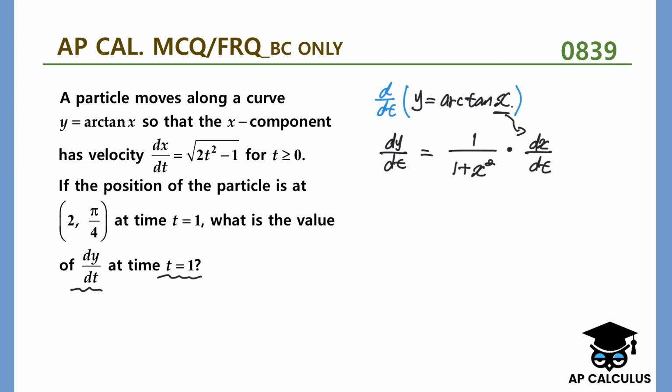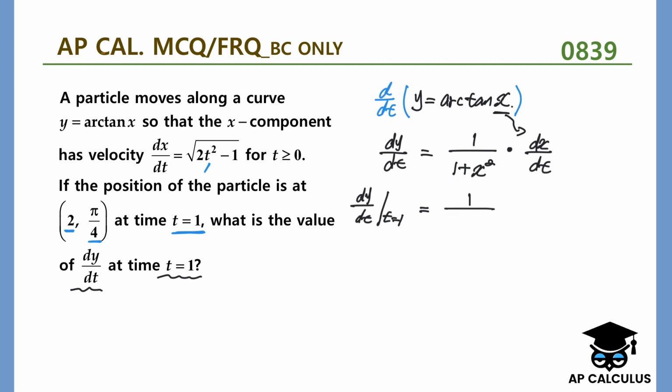At time t equals 1, x is 2 and y is pi over 4. And when t equals 1, dx/dt is square root of 2 times 1 squared minus 1. So we're going to substitute right here, dy/dt when t equals 1.